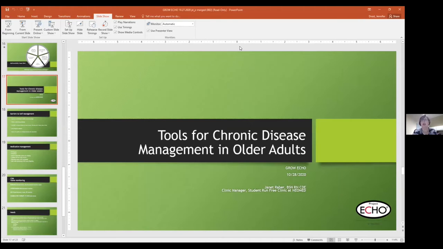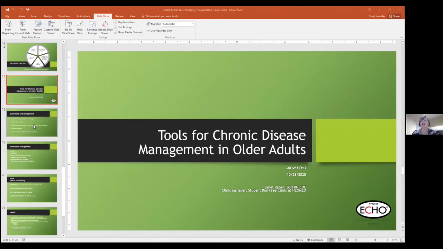So I go in and I do a cognitive assessment, physical assessment, ADLs, IADLs, and things like that. And I've also worked with the geriatric department here at NEOMED for several years, working on a geriatric workshop for the medical students. So that's sort of my background, and I'm just going to go over some tools for chronic disease management in older adults.